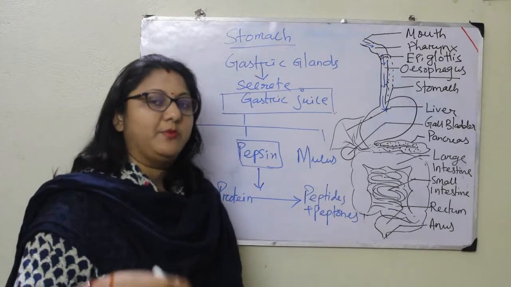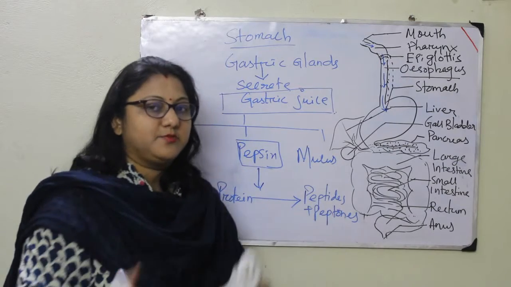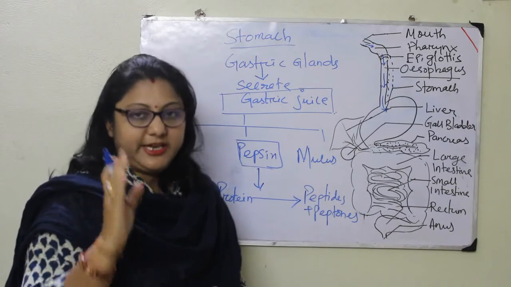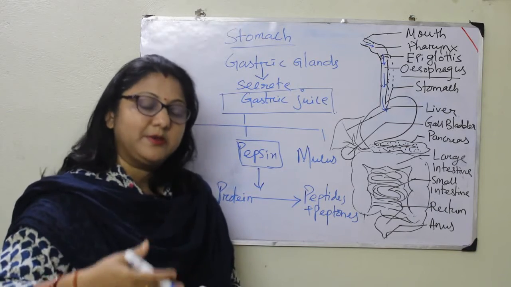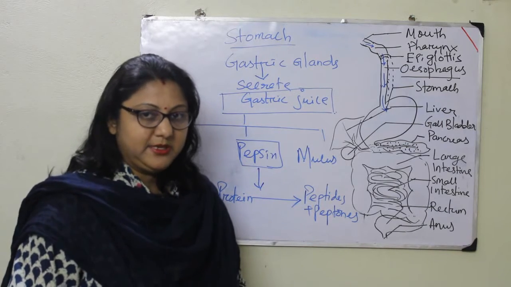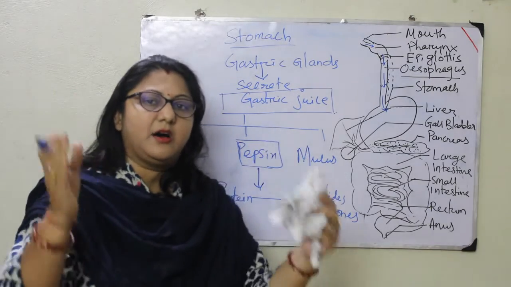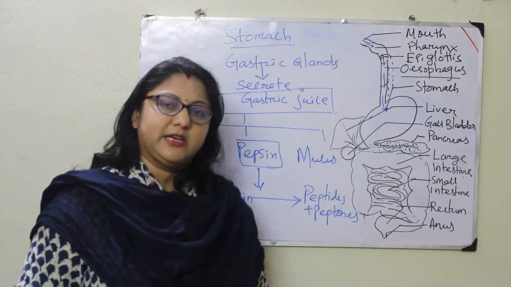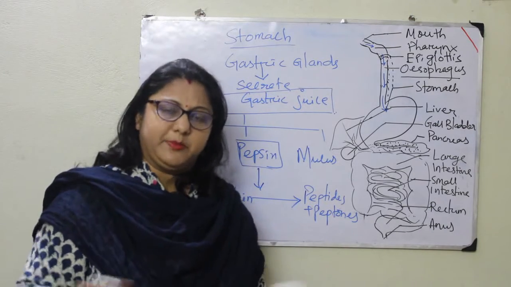So when we talk about digestion, the conversion of a very large molecule into a small molecule, it cannot take place in one step, right? So it has to have some intermediate steps. So slowly it can break. Suppose I give you a large stone and ask you to convert it into small, sand-like particles.